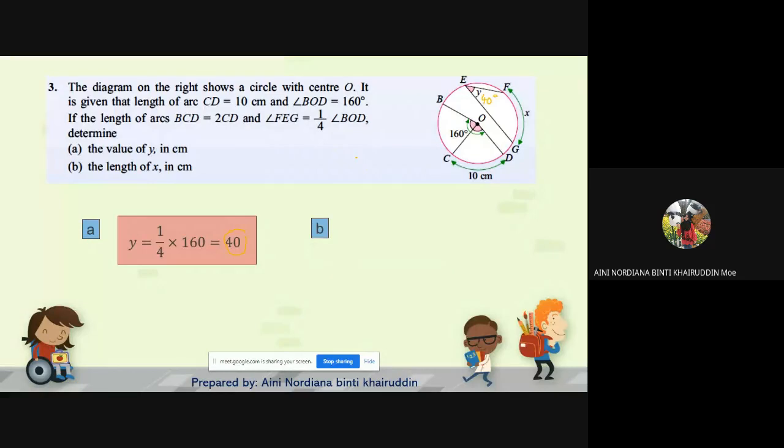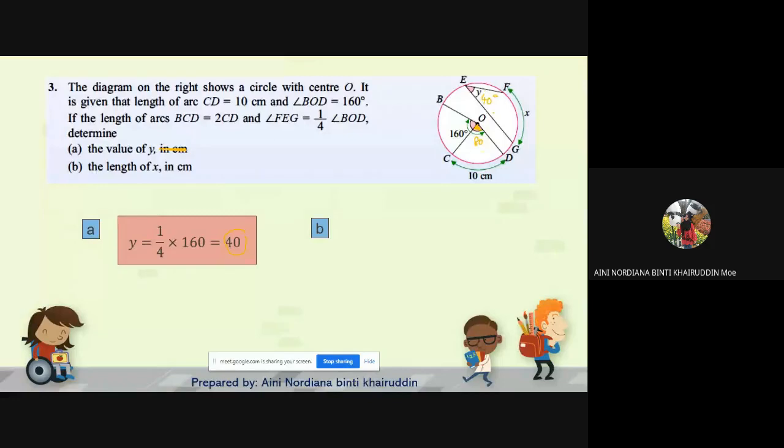So there is a typing error in your question. The question should be the value of, because y is the angle. So the unit for angle is degree, not cm. So for part B, it is the length of arc in cm.